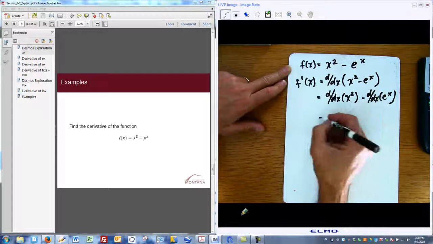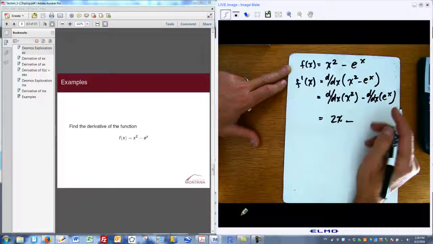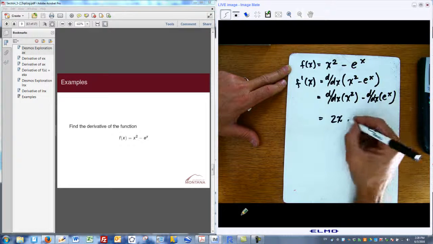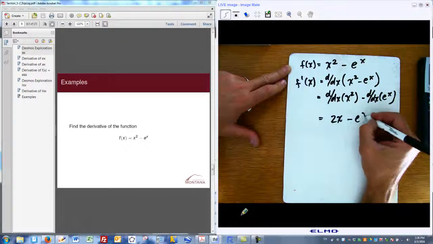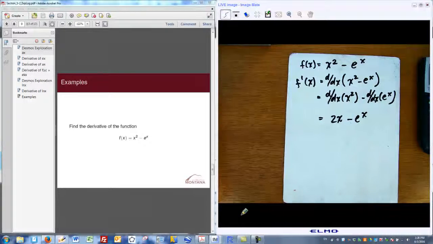This is a power rule, so it'd be 2 times x, and minus, this is an e to the x, so the derivative of e to the x is just e to the x.